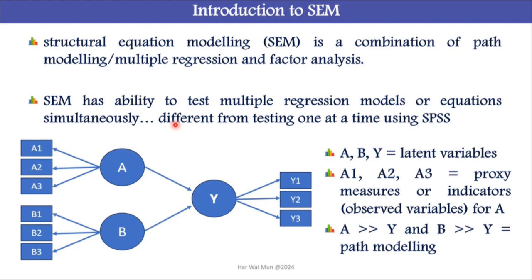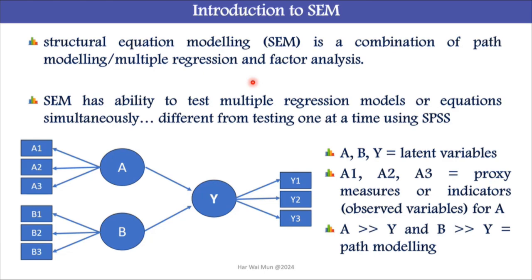Therefore, you notice in one of the sessions on collecting data, for the questionnaire itself, I usually practice that if this question is for A, I put A1, A2, A3. This question is for B, I put B1, B2, B3, B4, B5. This question is for C, I put C1 to C5. But some people still prefer to number 1, 2, 3 up to 25.